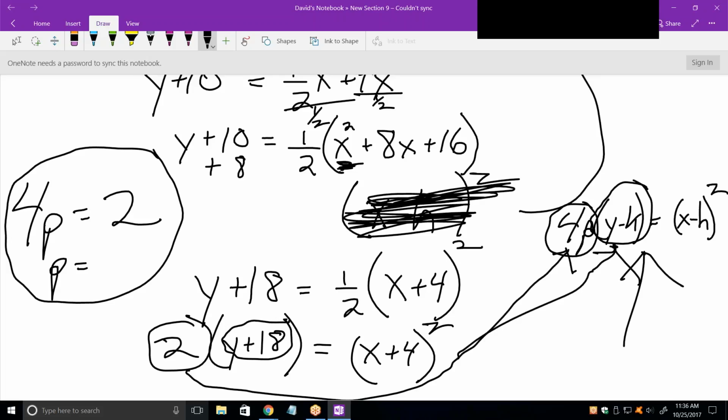There is our x minus h squared. That's x plus 4 squared. And the number that is in front of the y minus k needs to be 4p. So the reason 2 is equal to 4p is because 2 is the number that is in front of the y minus k.